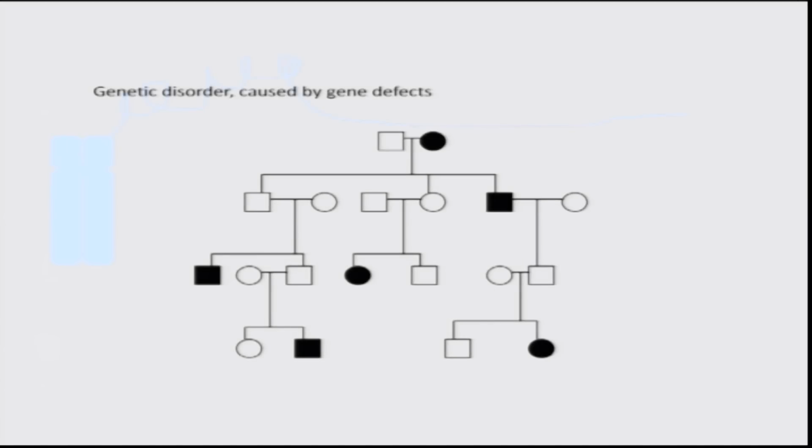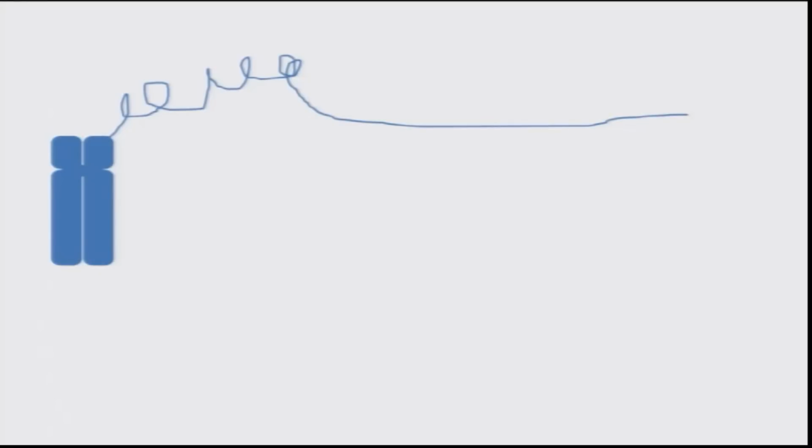When you talk about gene defect, the genes are nothing but a small segment of DNA that are present in our chromosomes. The cartoon shown here represents a chromosome, and you have a long stretch of DNA that comes out, and different segments may have different genes, like for example, the one shown here, where the arrow indicates the orientation of the gene.